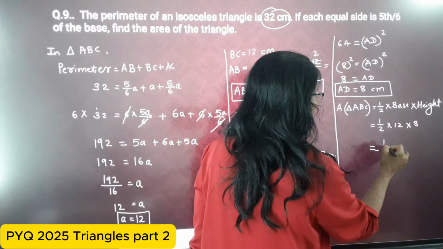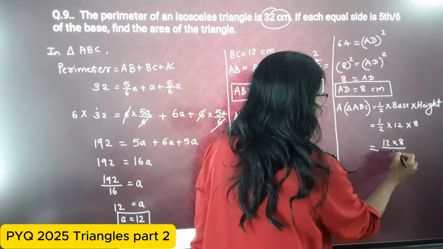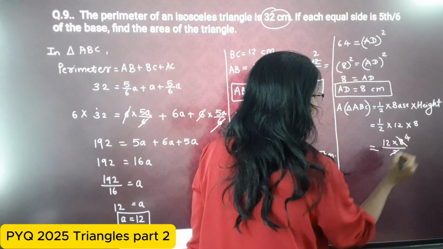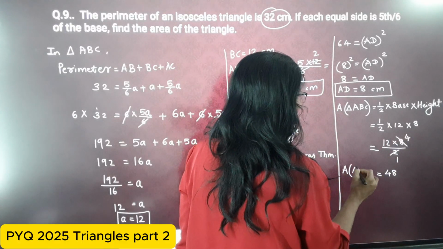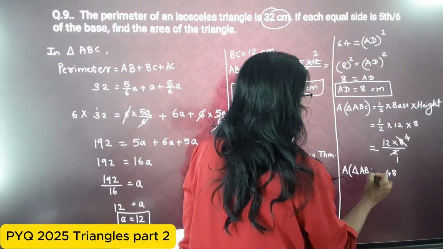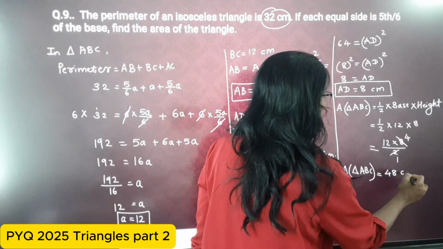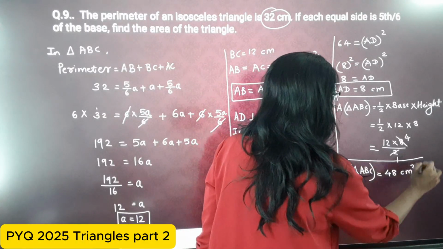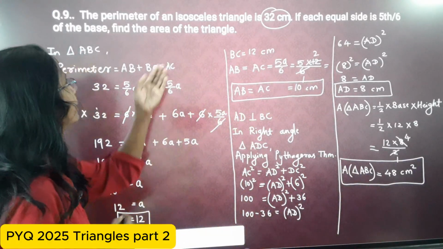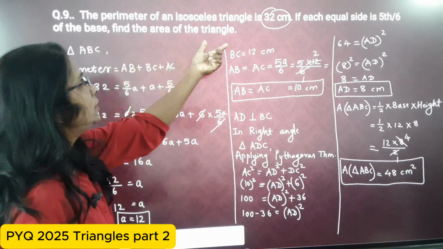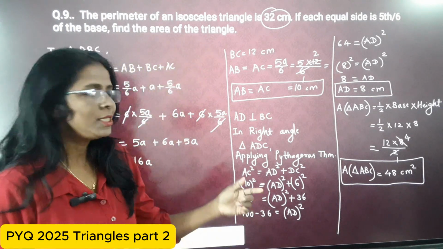So now 12 multiplied by 8 upon 2, that means 2 fours are 8 and 12 fours are 48. So area of triangle ABC is equal to 48 square centimeter. In such a way we can find out the area of an isosceles triangle.